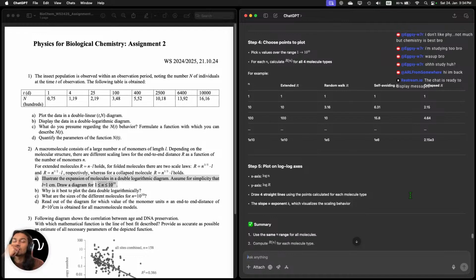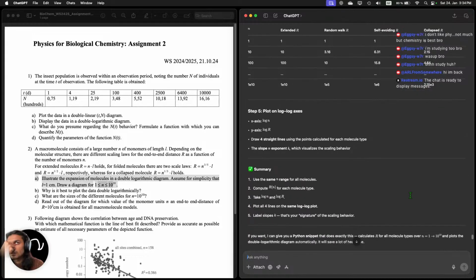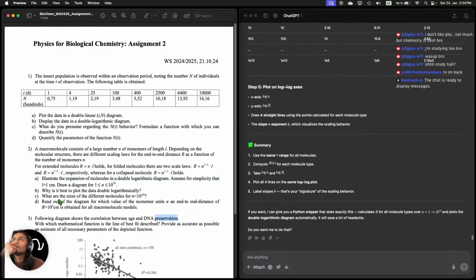Okay, I get that. Now, why is it best to plot the data double logarithmically? Because it helps us.